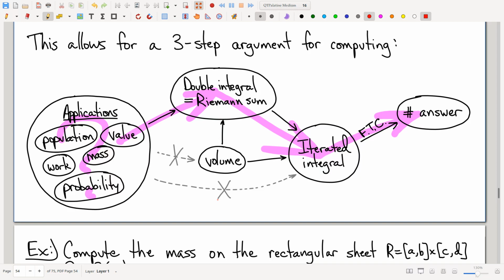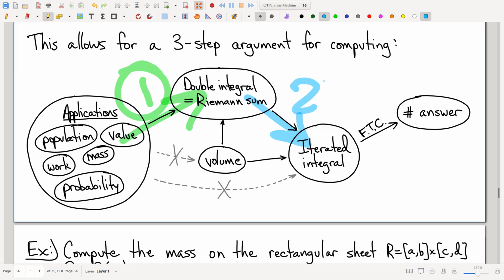So, very importantly, when we start doing questions, which we'll, I guess, do next time, I need to see all three of the steps for the argument to be complete. I'm going to need to see you rewrite the question as a double integral, then rewrite a double integral as an iterated integral, and then rewrite an iterated integral as punch it up, compute the answer.